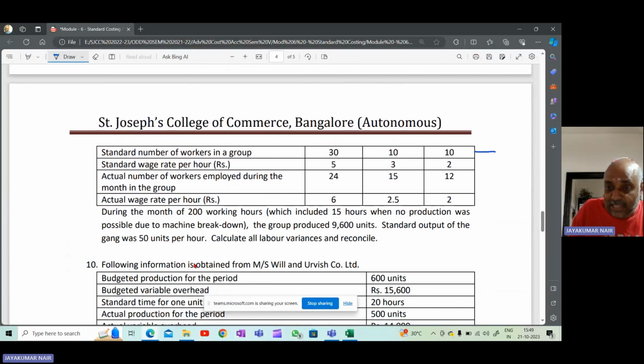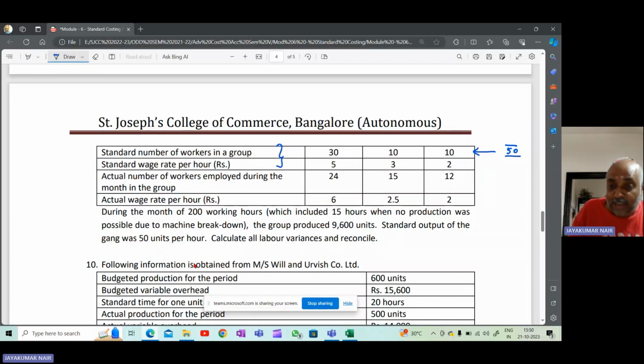In a gang, the standard specified is 30 plus 10 plus 10, which means 50. 50 should be the number of members in the gang. That is what is specified as standard. And the rate that you have to pay per hour is, for skilled it is 5, semi-skilled it is 3, unskilled it's 2. So these two are standard.